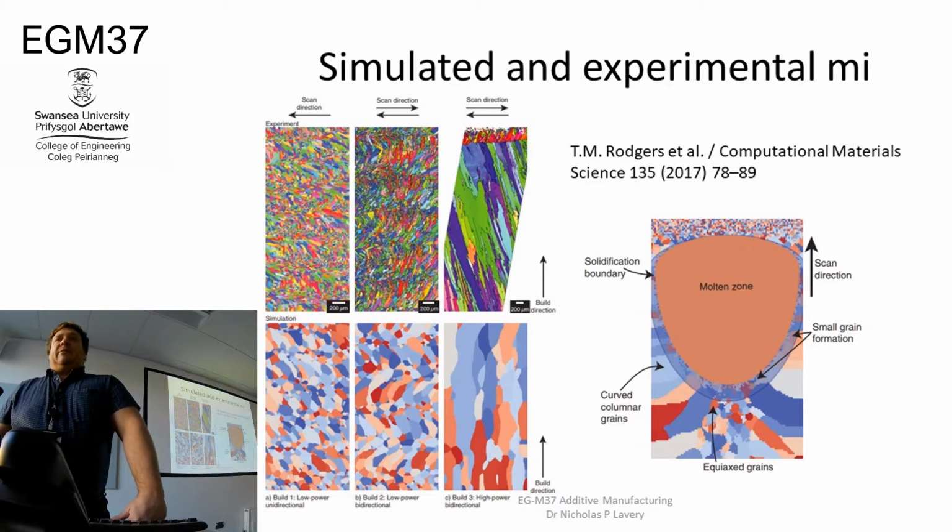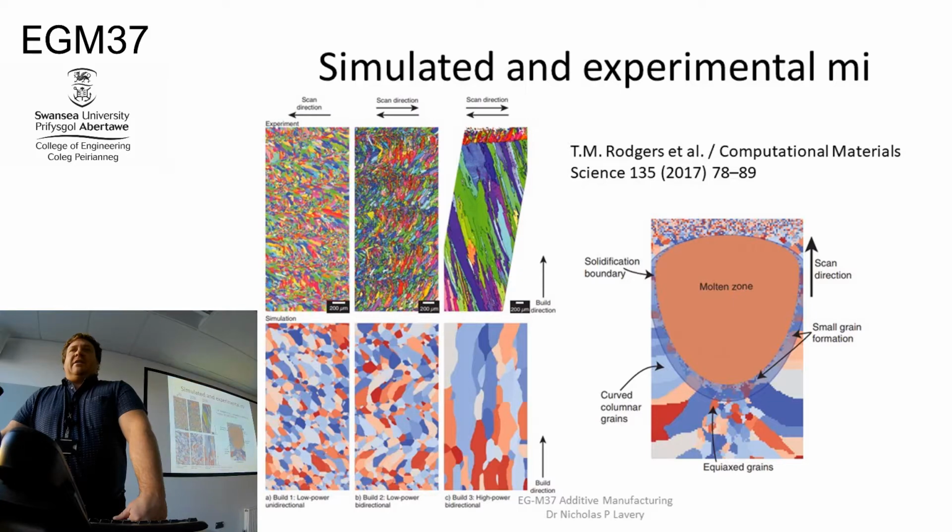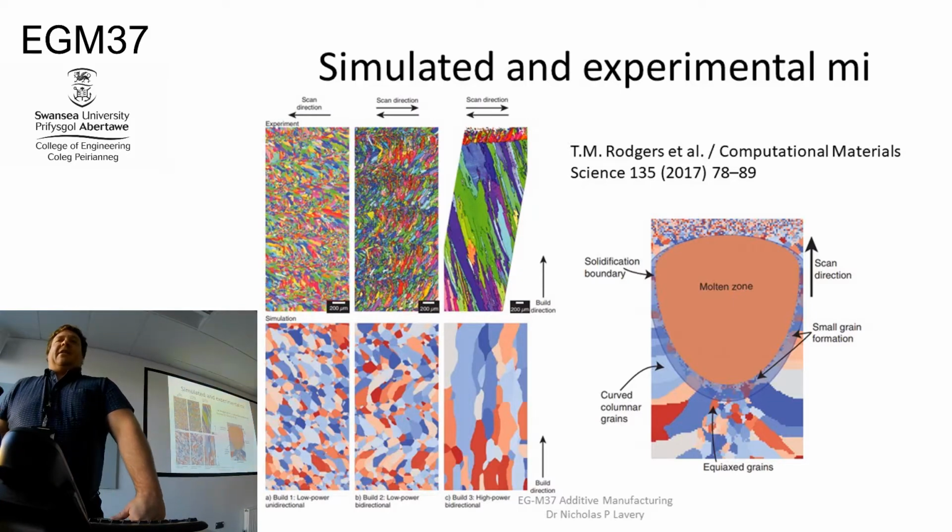Okay, so these are some simulations, but it does show. There's some experiments. I think the ones on the top are the experiment, and the bottom is the simulation, and they are predicting the grains through a Monte Carlo method, and you can see these longer grains with this type of scan direction, and then slightly shorter, but still columnar, but with some equiaxed regions in there as well.